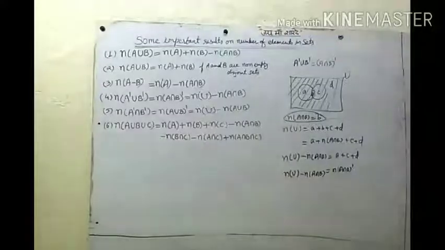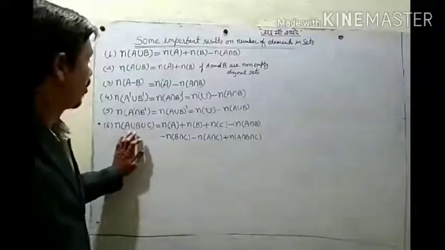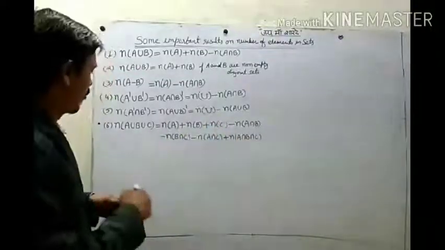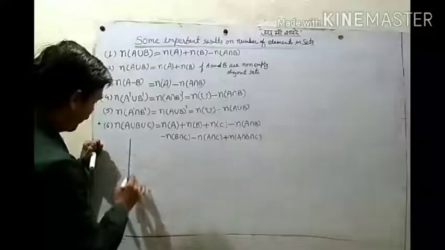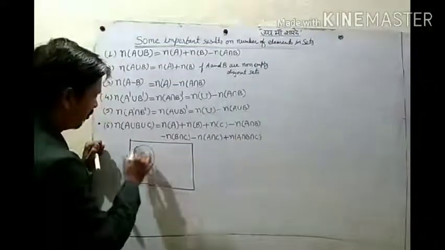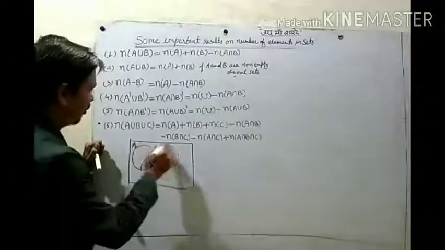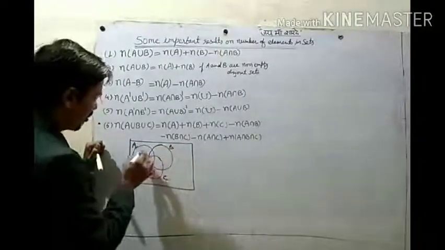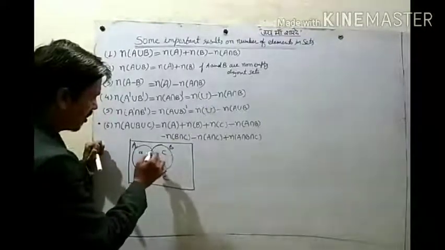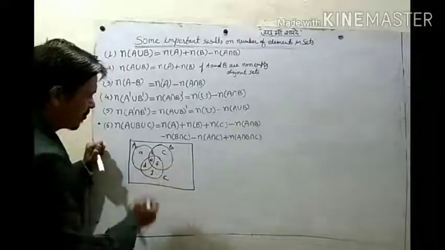Okay? Now for the sixth property, the number of elements in A union B union C is equal to this. So now for three sets, if we draw the Venn diagram: set A, set B and set C. So this portion has A elements, this part B, this part C, this part is D, E, F, G. Okay?